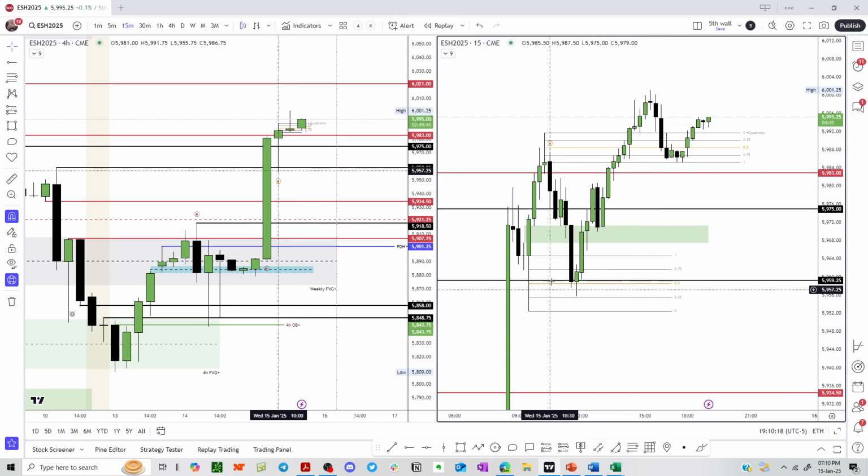So we had this pullback. One of the characteristics of 9:30, and this is the 15-minute chart, so that's 9:30 to 9:45, is a manipulation leg. Because we don't have any break in market structure on this time frame, we can conclude that price will continue higher. Price took out this swing high, so that's a break in market structure again, and we have a pullback.